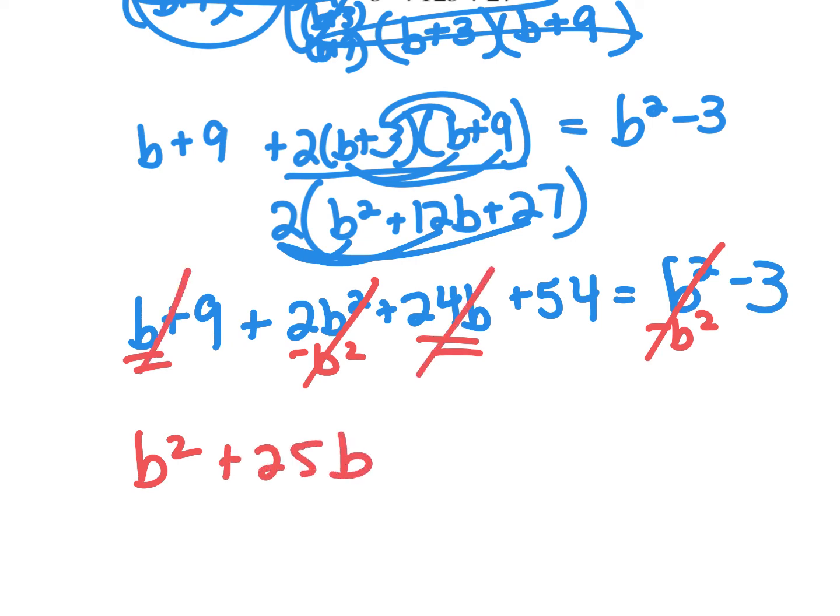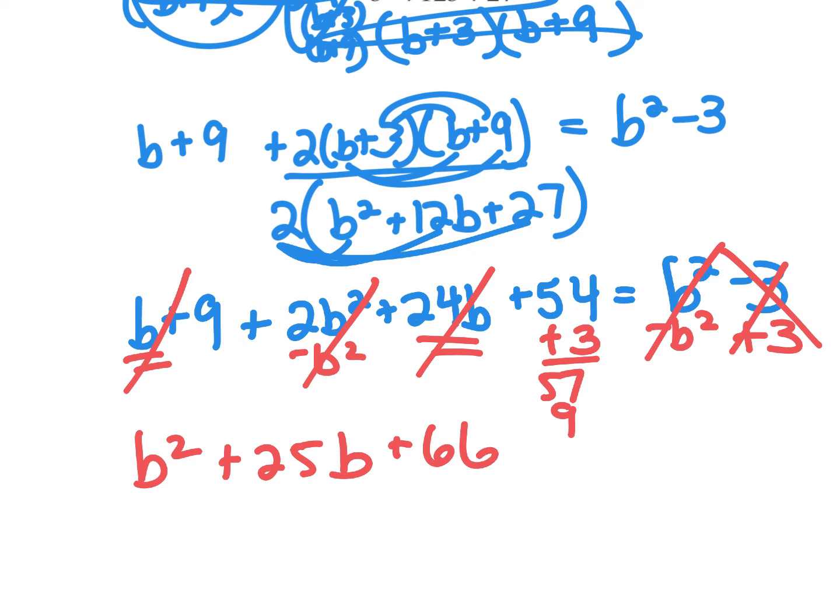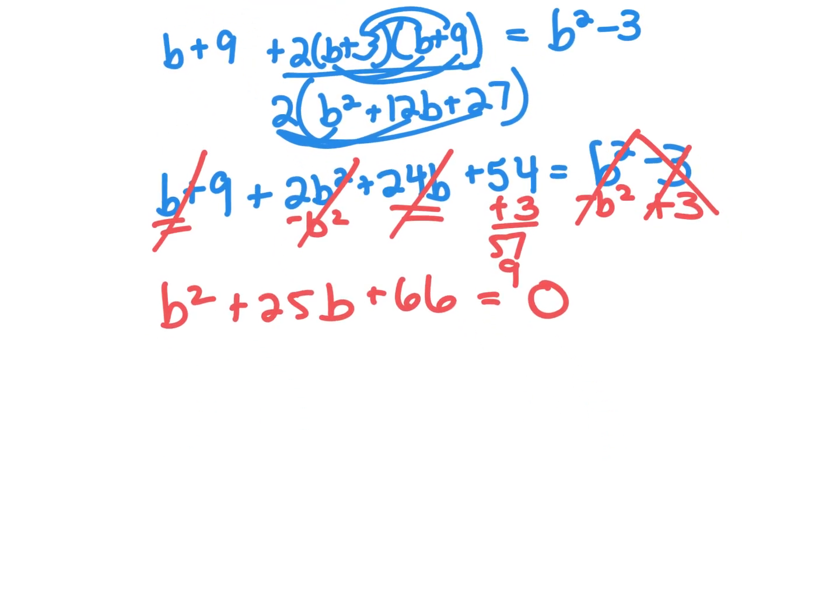We're done with those. I'll add the 3. So that would be 57, but then also plus 9, 66 equals 0. And then I don't see any way we could factor that.